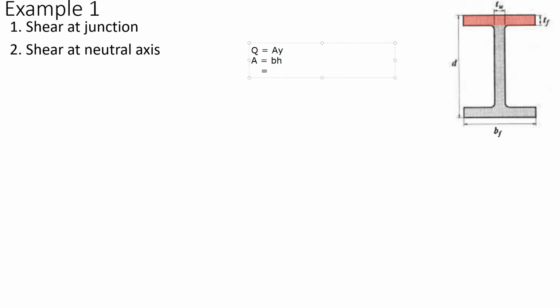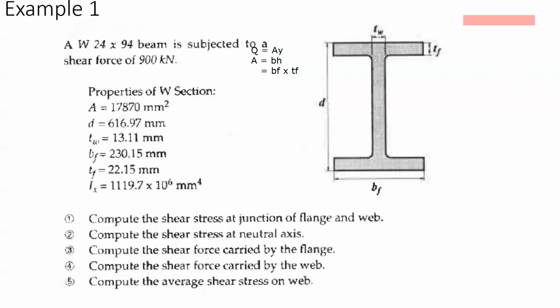Our base here would be equal to BF, and our height is TF. So what we're taking is the area, this red one. So here, let us write down our given.